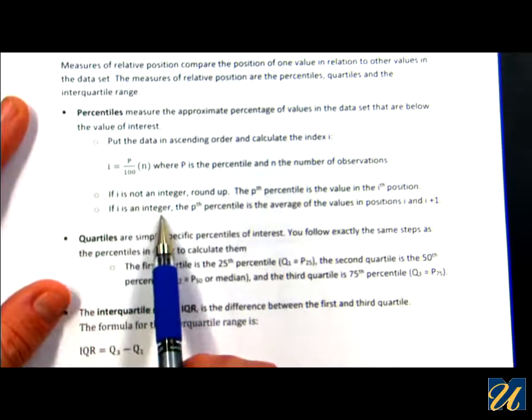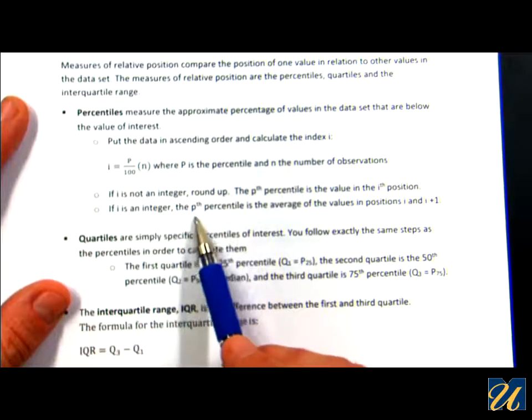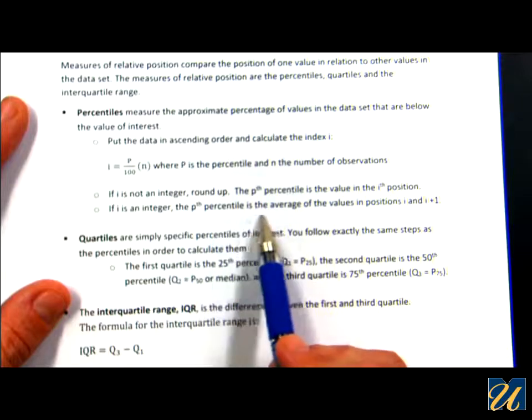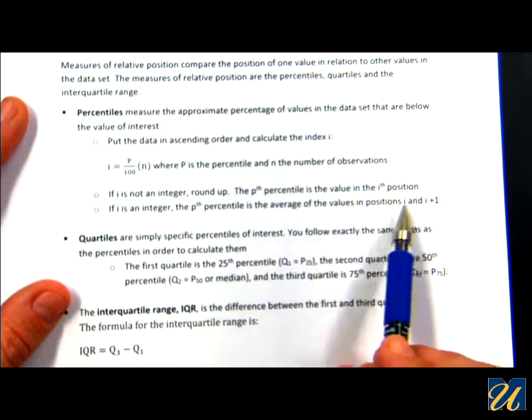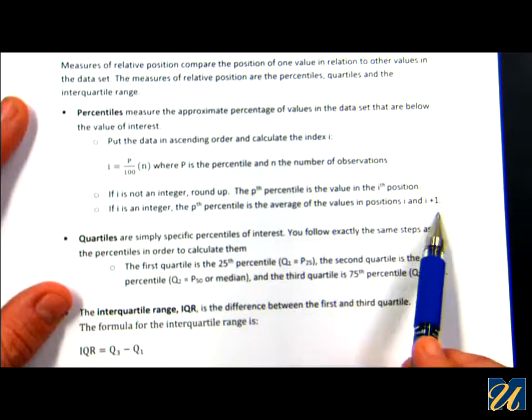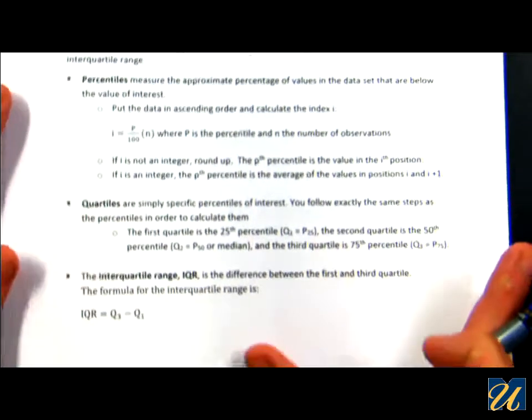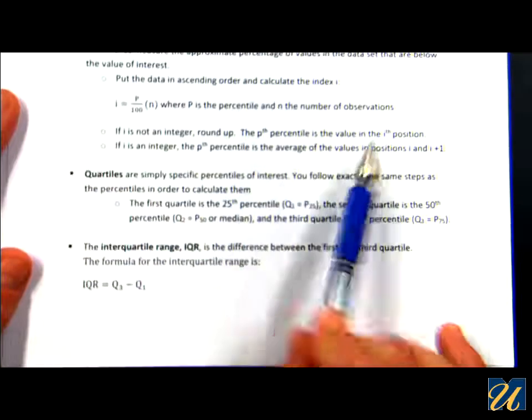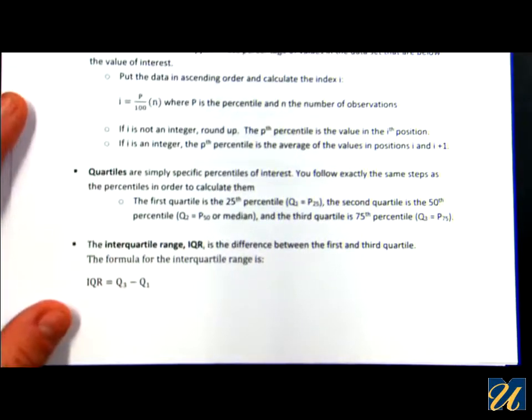If I is an integer, then the specific percentile will be the average of the value in that position plus the next position. And this will become a bit more clear when we go through the examples.